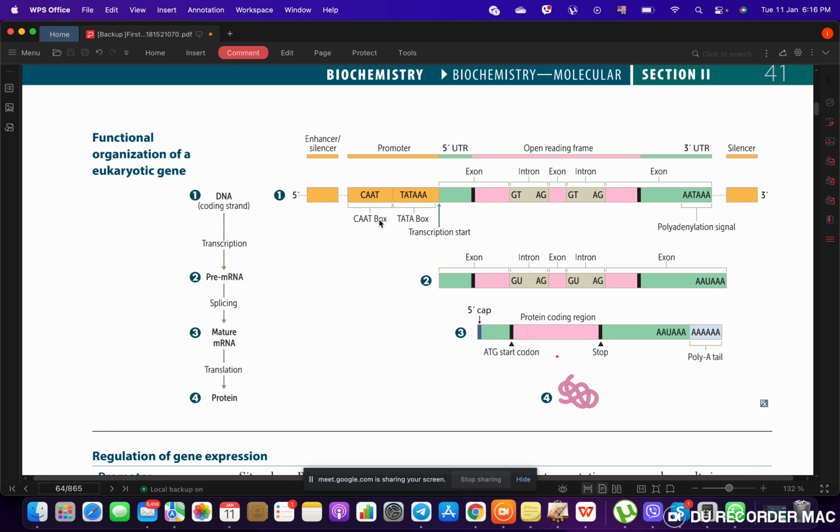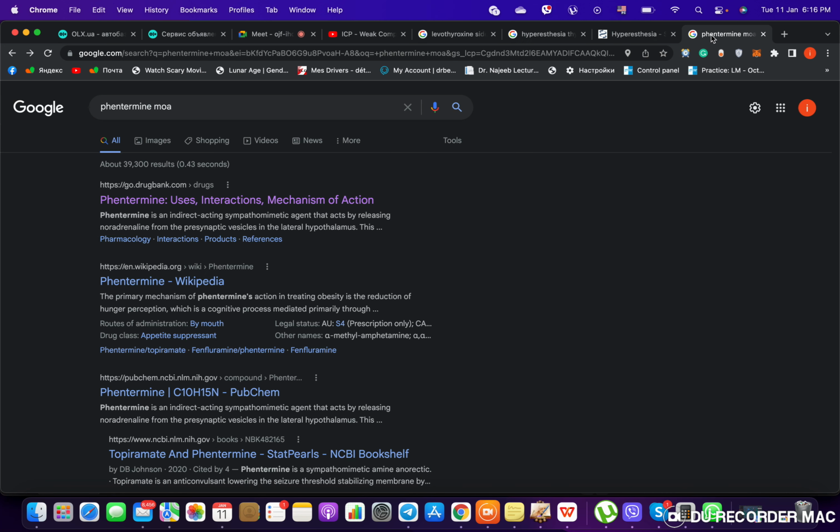So in the human, you remember that our genes are put in a way that they are 5' to 3'. Can somebody tell me what does 5' mean? What does 3' mean? Absolutely.